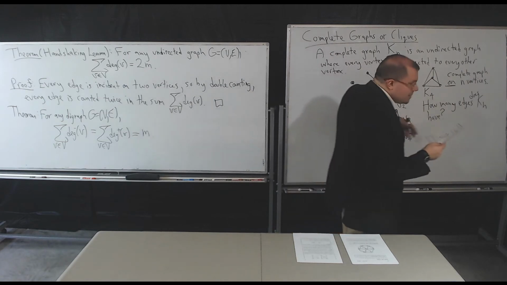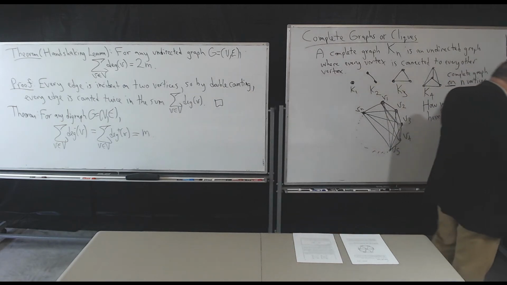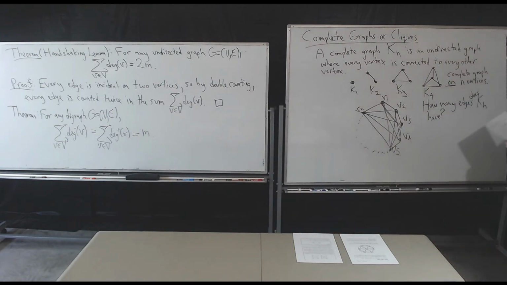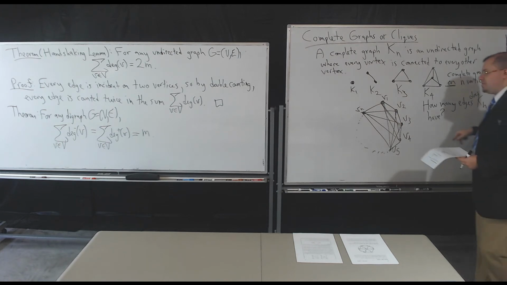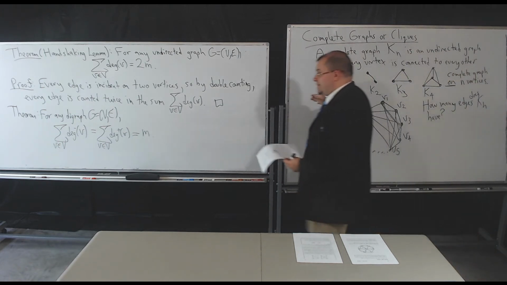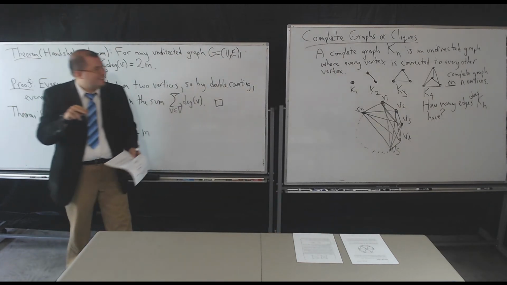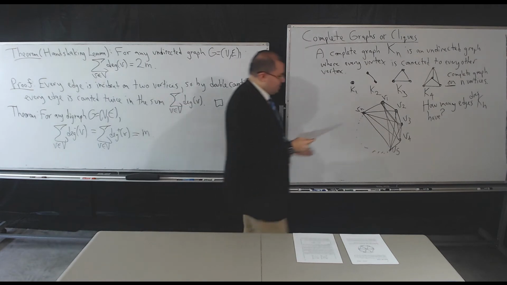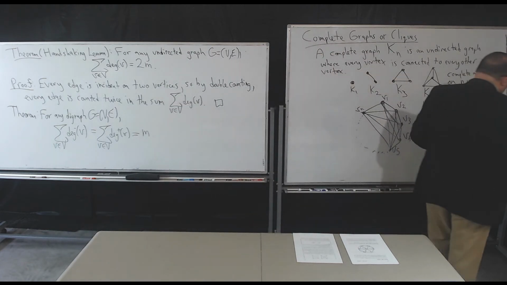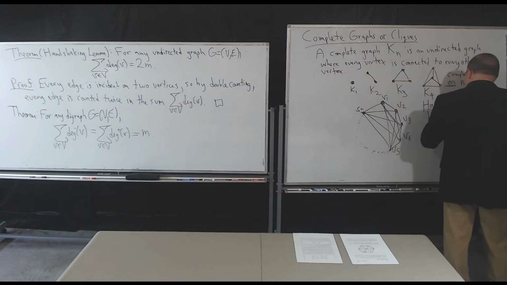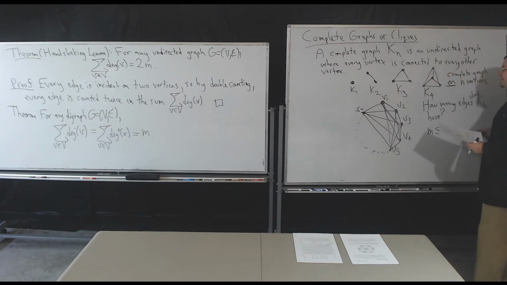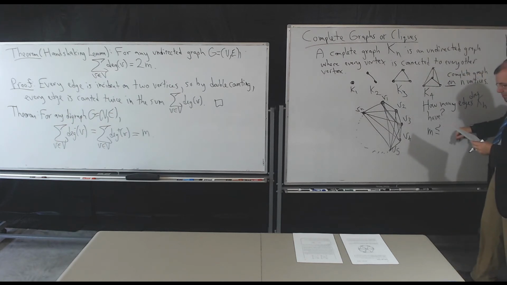Now I wrote down the proof in your notes, so take a look at that. But think about it. Each vertex is connected to, or is adjacent to, each and every other one of the neighbors, right? So it's connected to each of them. But this is true for each one of your neighbors too, right? So if I have m edges, what is the number of edges the complete graph has?